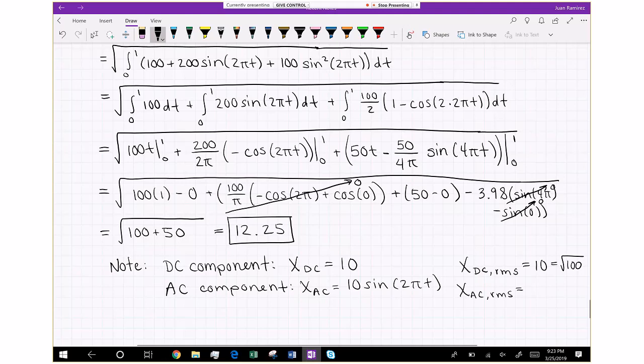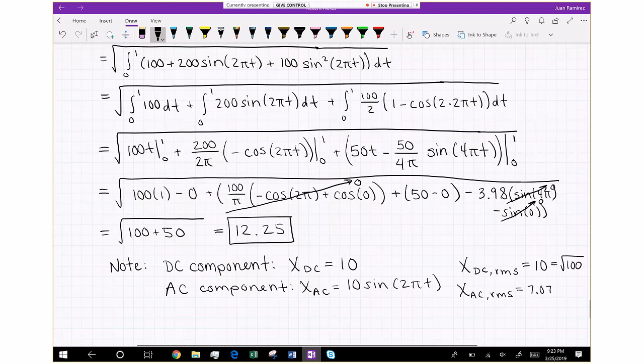For a constant DC voltage or current, the RMS is the DC voltage or current. And if you go through the exercise of putting it into the calculation, you'll find that out.